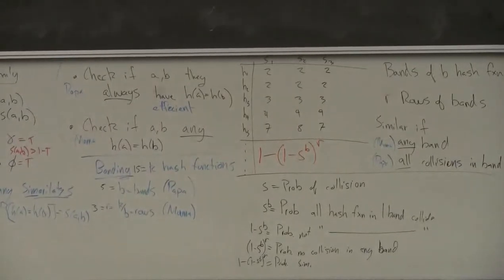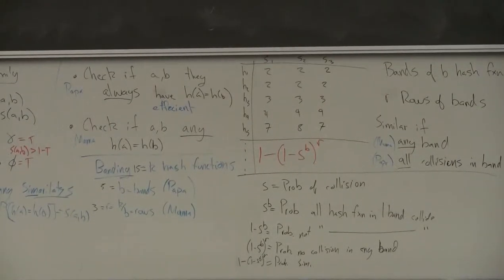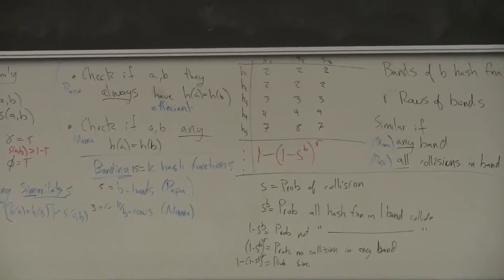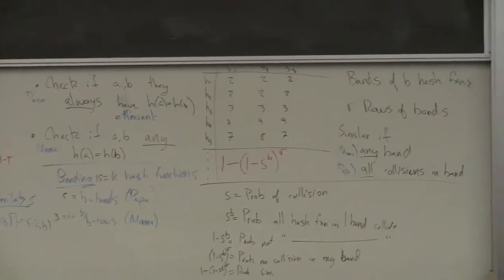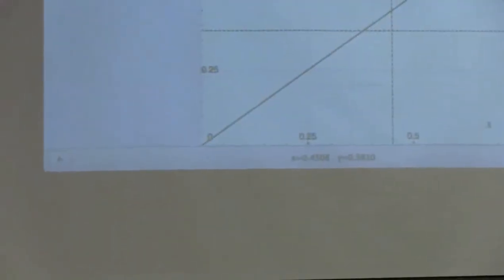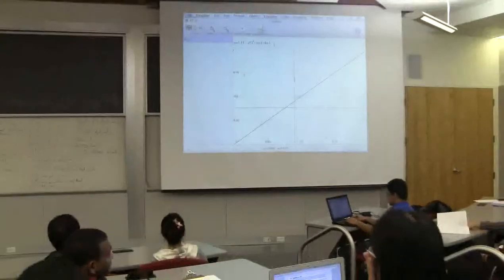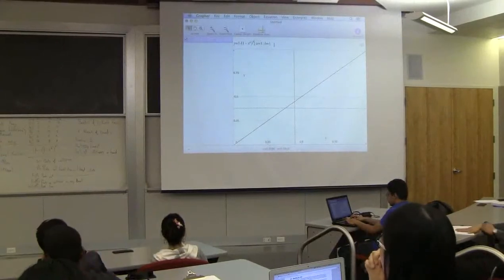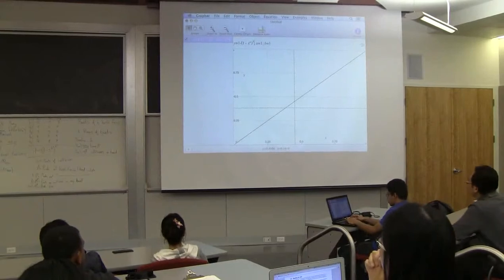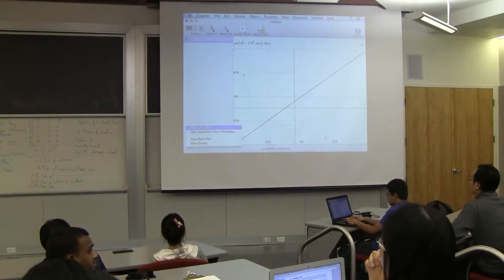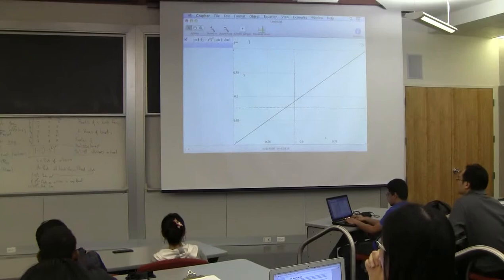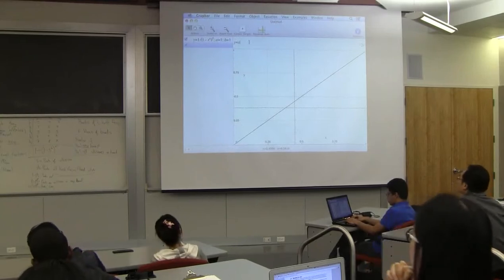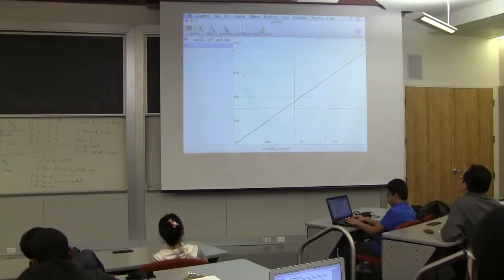Okay, so let's see an example of this. Let me walk through this a bit. I start with my similarity, and I'll use x, it's this black line here.